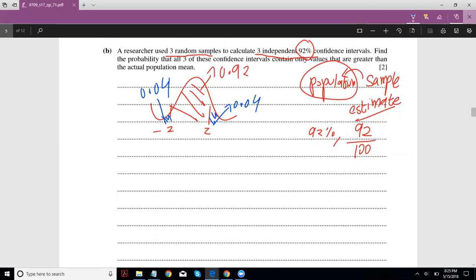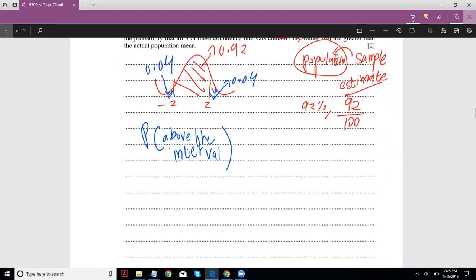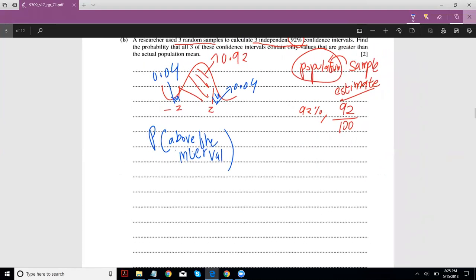So the probability of being above the interval, where we could say with a certain degree of confidence that our mean would lie, above this acceptable interval, the probability for one sample is 0.04.